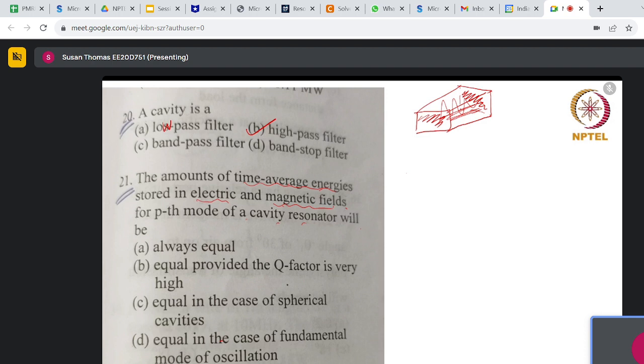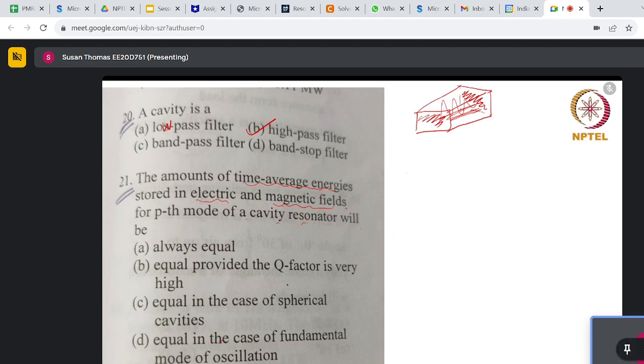So all these are known cases to you. So the question is, will the average energy stored in the electric and magnetic field be equal? Will it be always equal, or will it be equal under some condition?